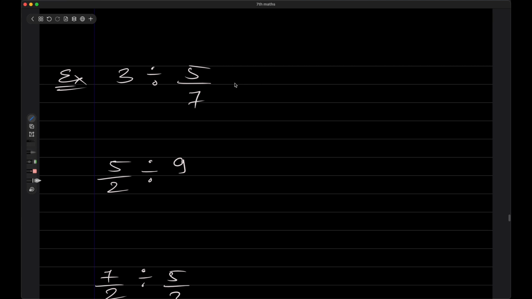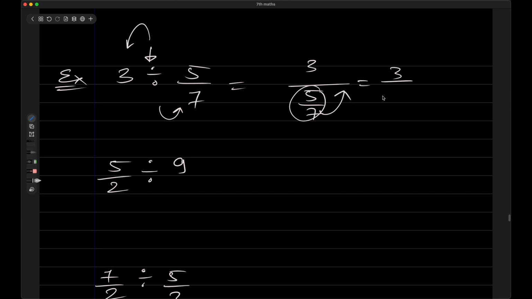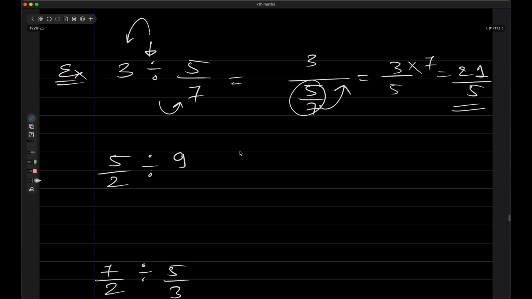The method is similar. We have to start from the division operator, left side above the division line, right side below the division line. Then send the denominator to opposite side, that is equals to 3 divided by 5 as it is, and 7 to opposite side, and that is equals to 7 into 3 is 21 divided by 5.